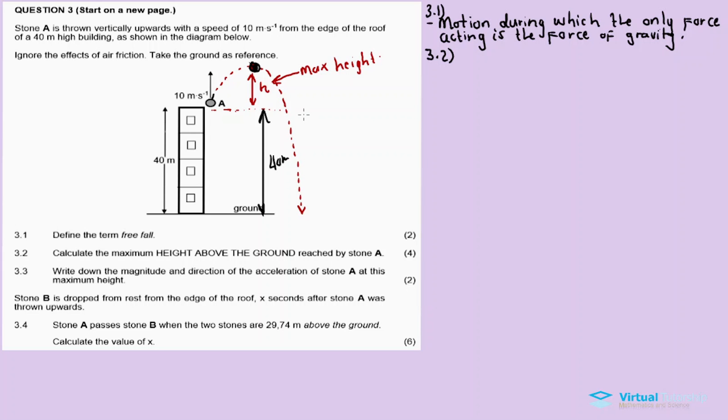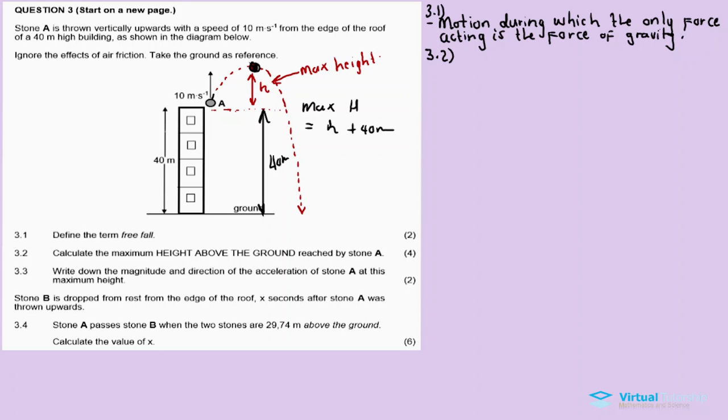In other words, the maximum height measured from the ground is this small h plus the 40 meters, so h plus 40.